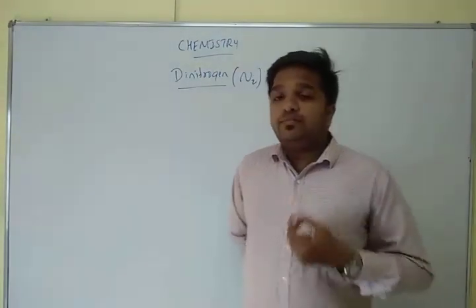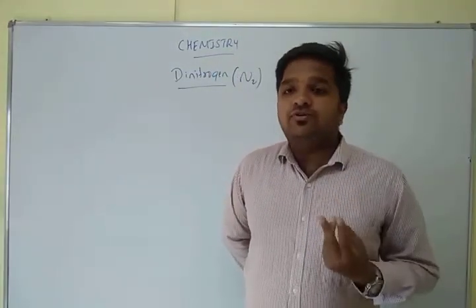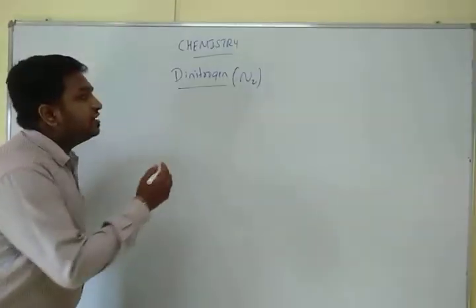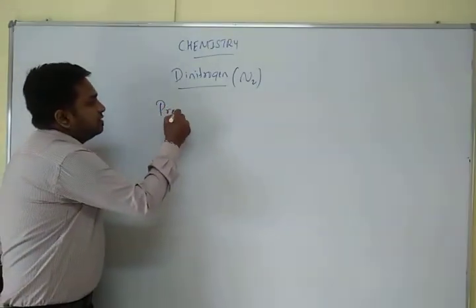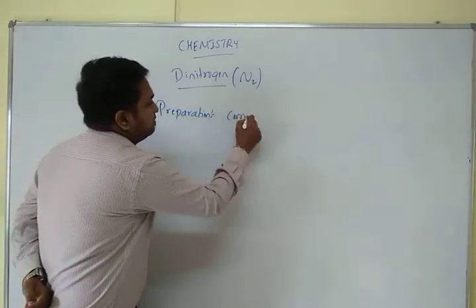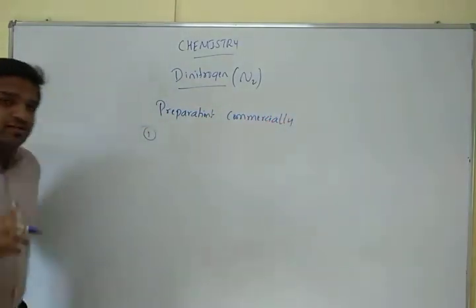Generally it can be prepared commercially by two processes. One is liquefaction and one more is fractional distillation. Clear? So let us look at the preparation of dinitrogen. Commercial preparation. Commercially we have two methods in this.